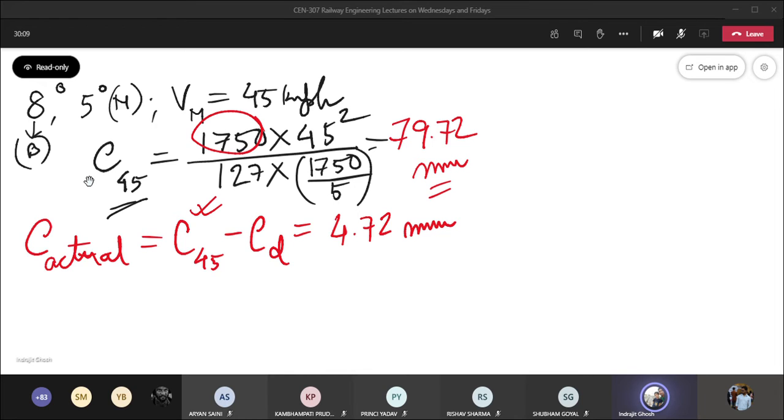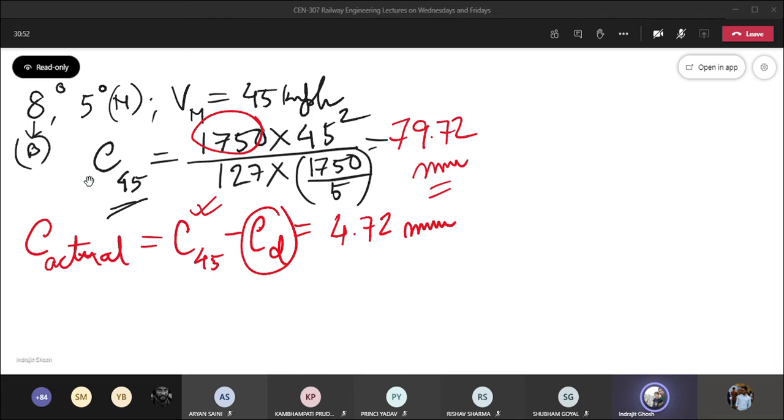So you provide comparatively lower super elevation because the train is moving at 45 kilometer per hour. If the train has to move at a high speed, like the 110 we solved in the last class, then the super elevation could be on the higher side. In that case, a cant deficiency of 100 millimeter is quite relevant. But where you want a speed restriction, you will never see any book or reference using a cant deficiency value of 100 mm. So it is not related to high-speed track.